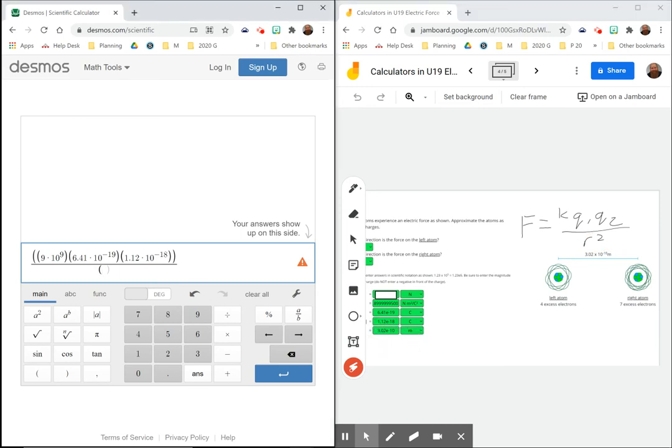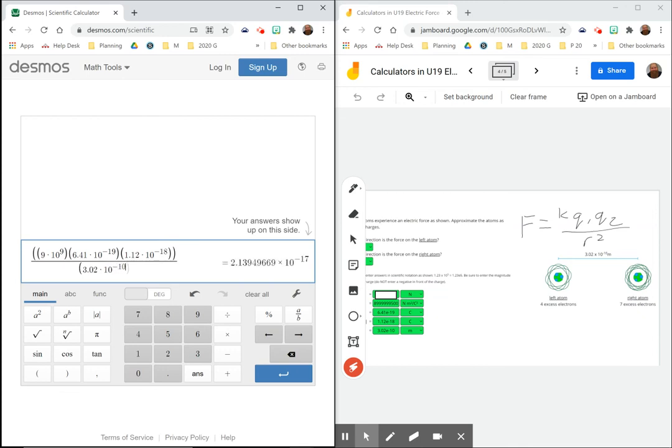So back to our thing here, 3.02 times 10, and then we want the AB to the negative 10th. Right arrow to go back to normal size, close parenthesis, and now we want to square it, so we'll go AB, and we'll put a 2.